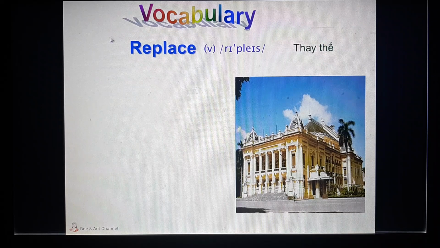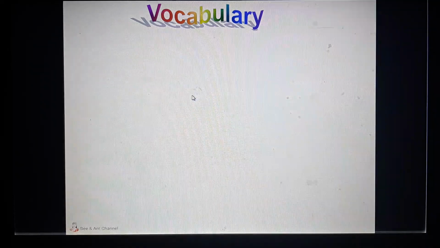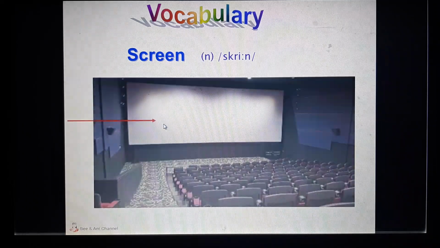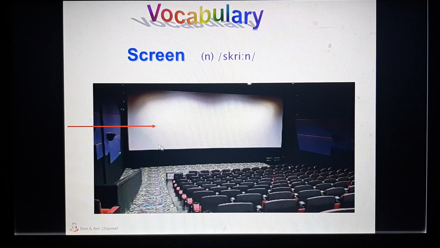Replace. Screen, screen. This is a screen.